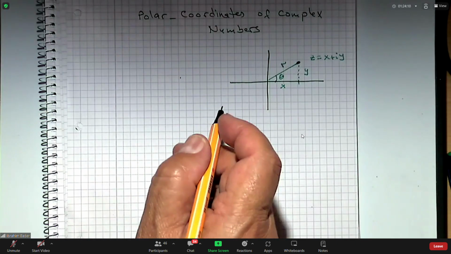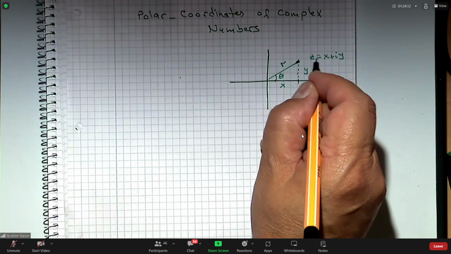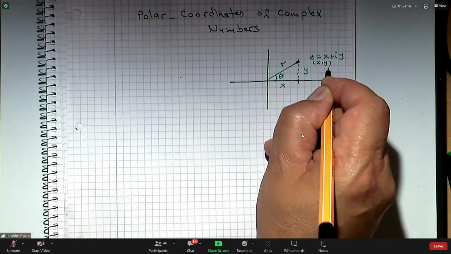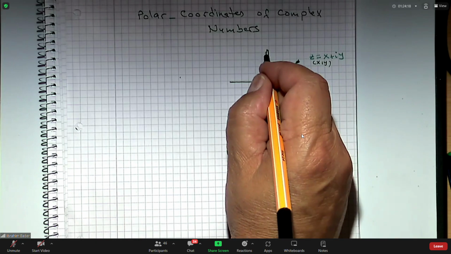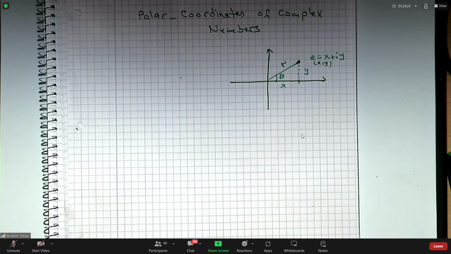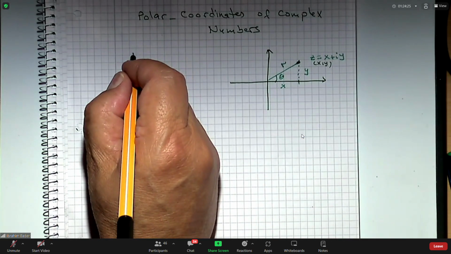So here you have this coordinate x, y, where y always refers to the imaginary part of the complex plane. Now, what is r?